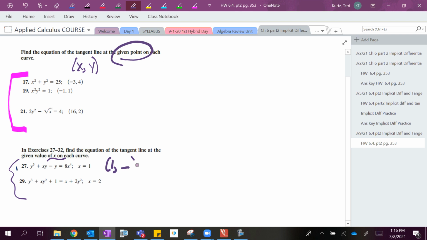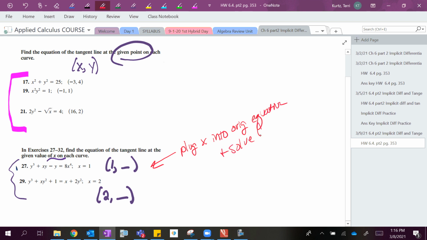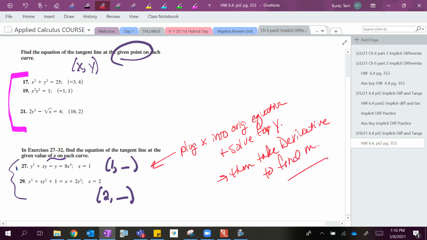So you have to find the y value, again, by plugging x into the original equation and solving for y. And then take the derivative to find m. Okay, and then plug in the formula.